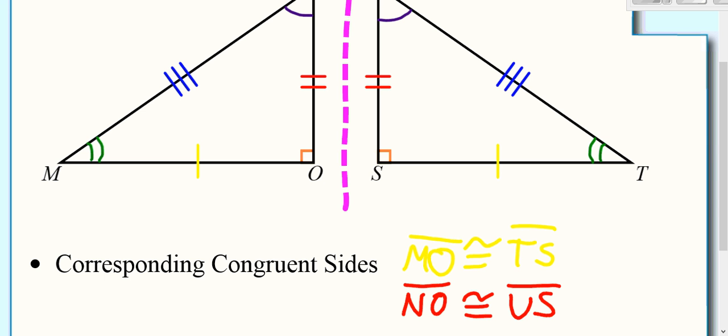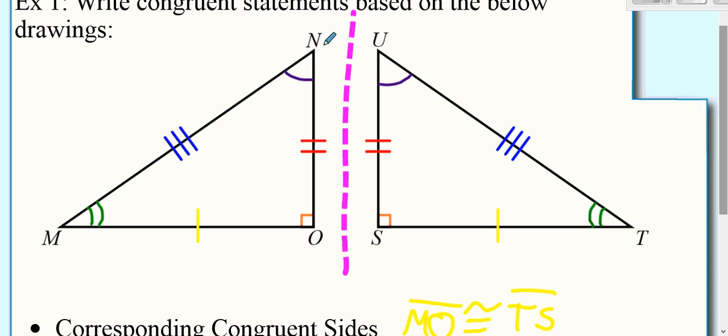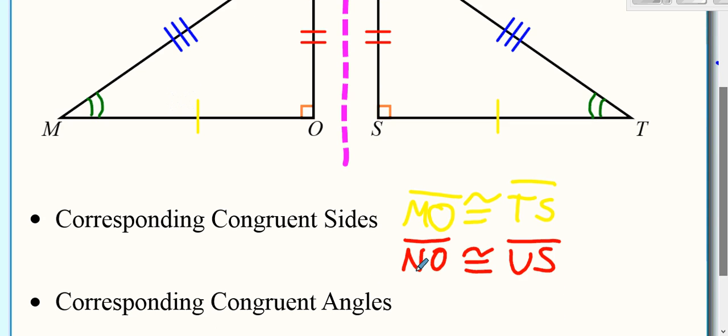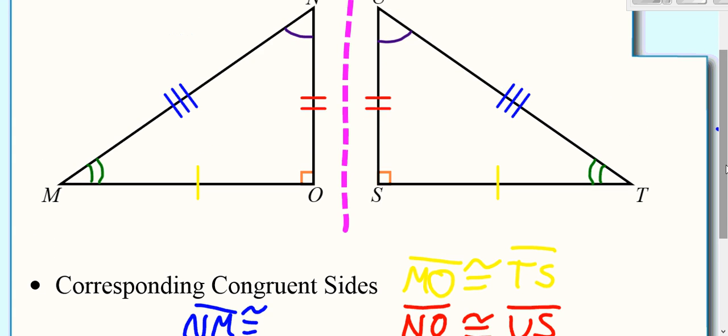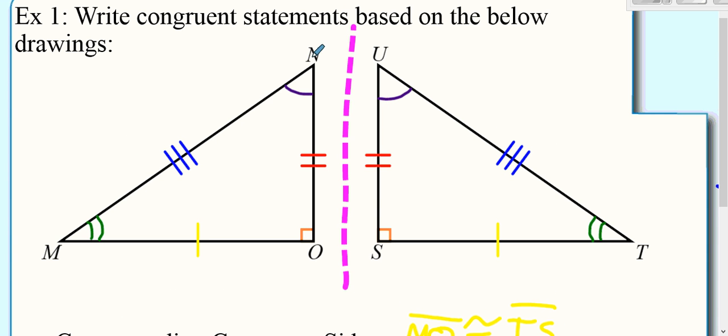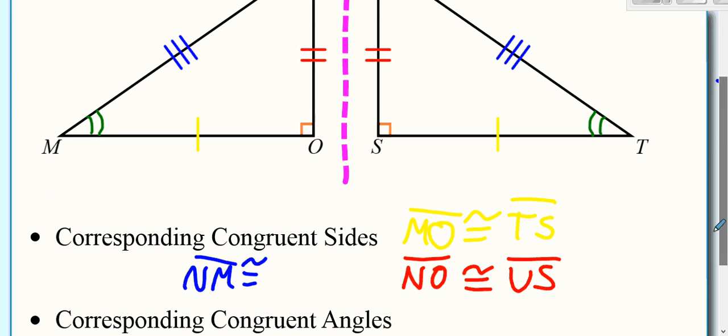And then the third side, the blue 3 tick mark sides, we'll say NM. We have to go in the same corresponding order. Since we started with N, which was up top, we have to start with U, because that's up top in the other triangle, to T, UT. Everything when you do these needs to be labeled in corresponding order.